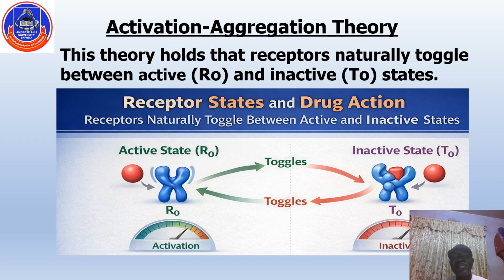It shows that receptors naturally and continuously switch between the active state, which produces signal or activation, and an inactive or rest state, which produces no signal. This is the active state, while this is the inactive state. This produces signal that generates response, and this does not.